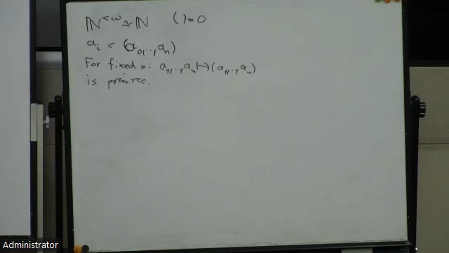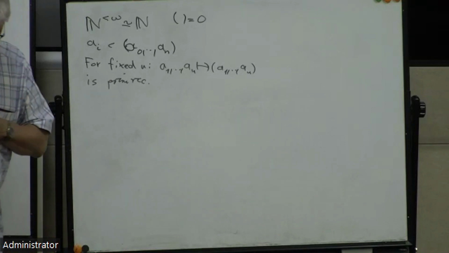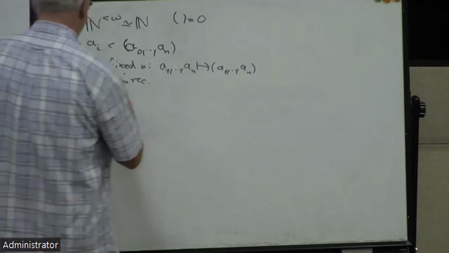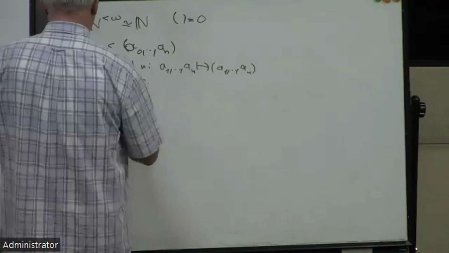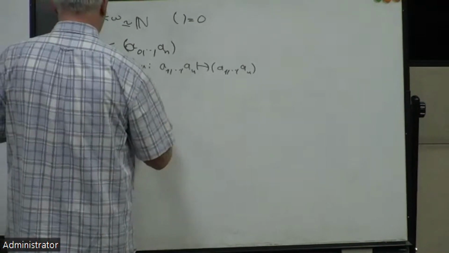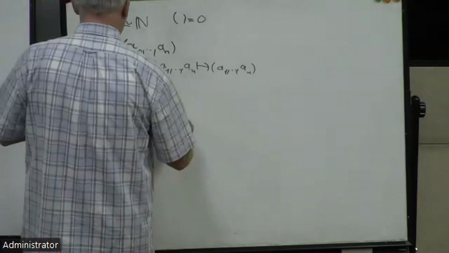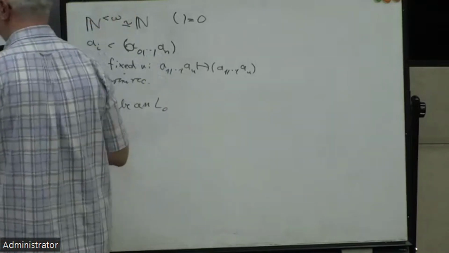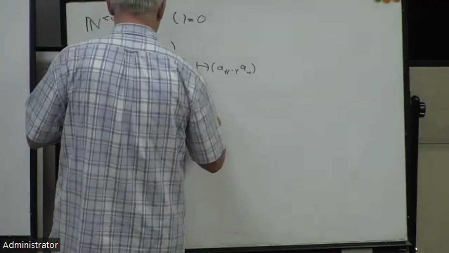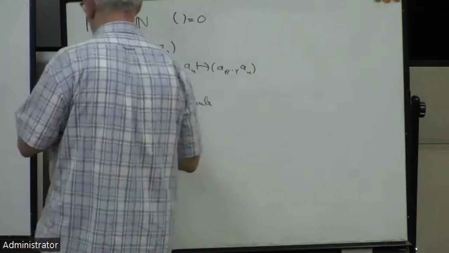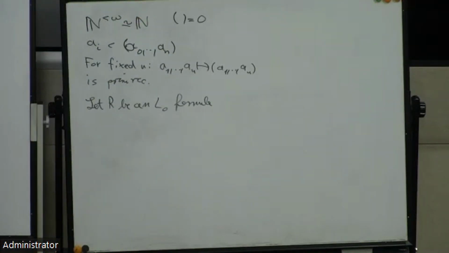Now, given this, let R be an L0 formula, so a formula where the unary predicate capital X does not show up.